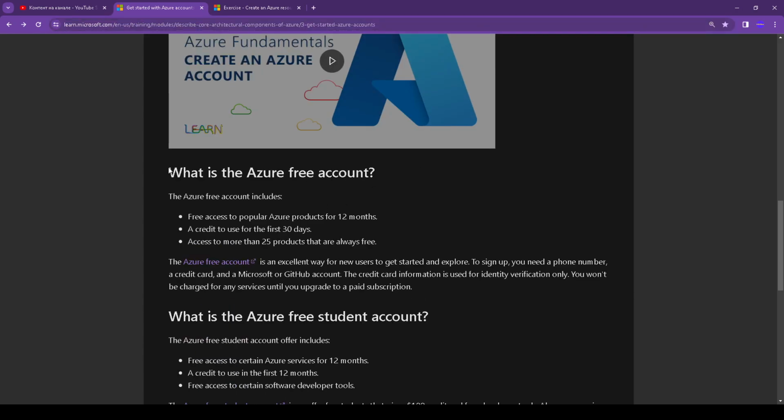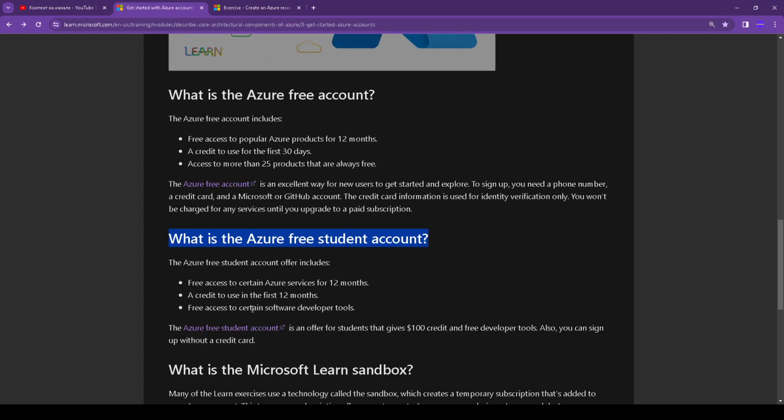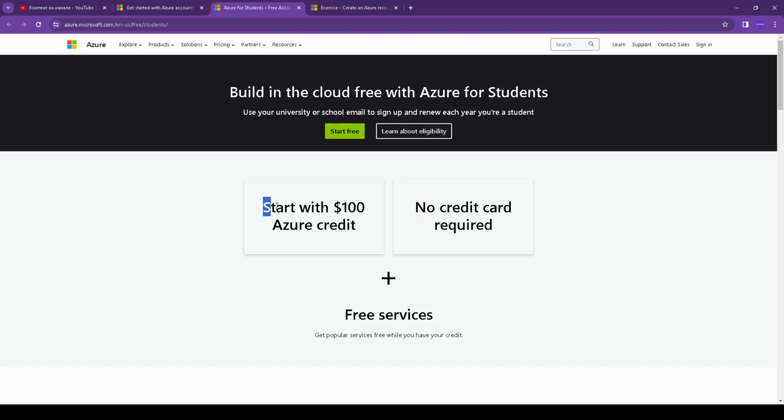Also, we have a student account. Here it is, here is the description. This account has $100. You don't need a credit card, but you should be a student and you need to have a school email or student email.